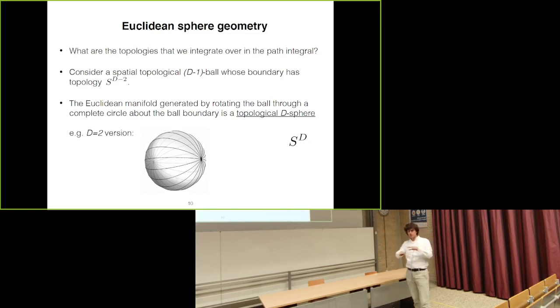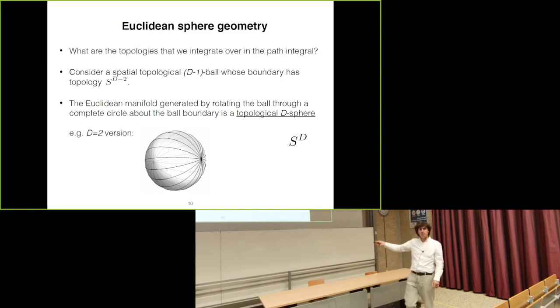So a codimension one topological ball whose boundary has the topology of a sphere. And since we work in Euclidean signature, we want to rotate this ball around the Euclidean time circle, but the boundary should be a fixed point. And if you do that, you get the topology of a D-sphere, just like in de Sitter space.